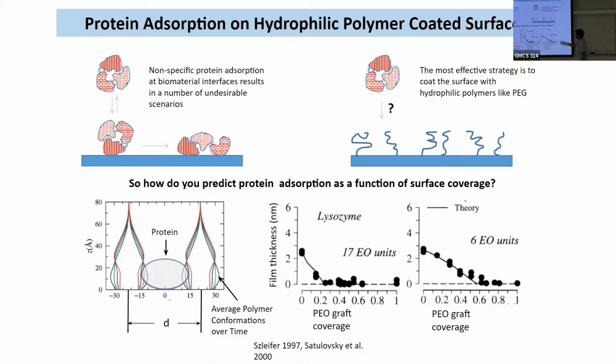So this is experimental data, black dots, which is the amount of protein that sticks on the surface as a function of the grafting coverage, basically what fraction of my surface is covered by these polymers. As you can see, it looks beautiful. They can actually create these very nice kinks, and you can fit it.